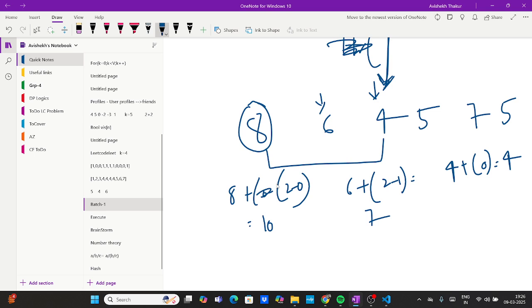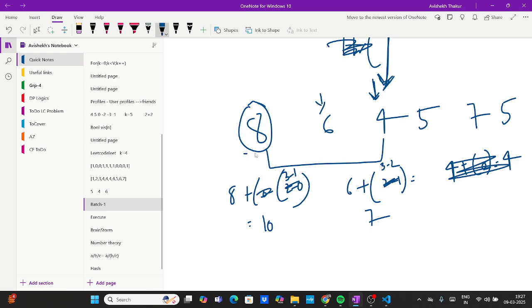But even if you keep it one-based, it will be nothing but 3 minus 1, 3 minus 2, like that. Now, can we bring it from the same building? I guess no, it's not possible.